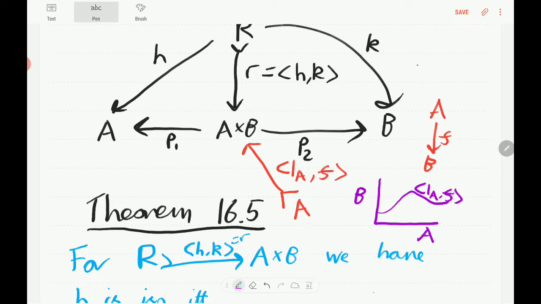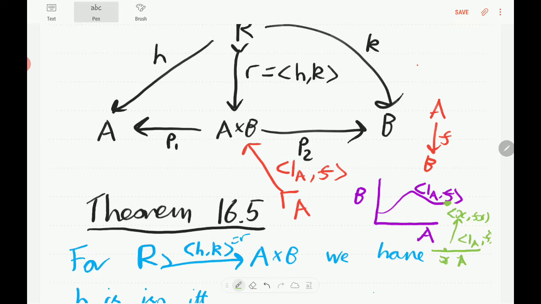From any given point on A, say a point x along the line A, that's going to get sent under this arrow, which is the graph of f, to the point x, fx, and that's going to be some point on here.